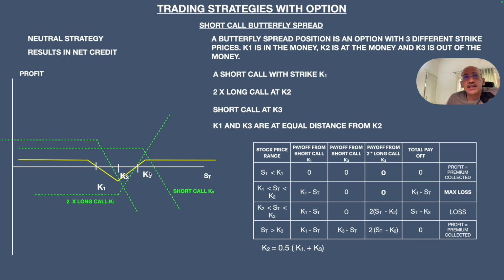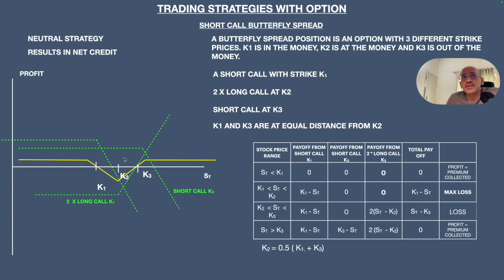The short call at K3 will not lead to any loss, and you will get to keep the premium. However, since the value is between K1 and K2, this short call starts resulting in the loss. What will be the loss? The loss will be ST minus K1. So you will have a max loss of ST minus K1 if the price at the end of expiration is between K1 and K2.